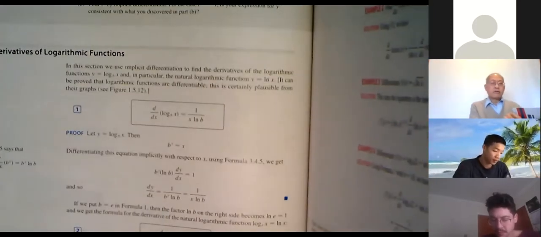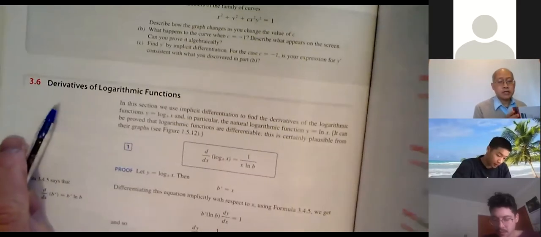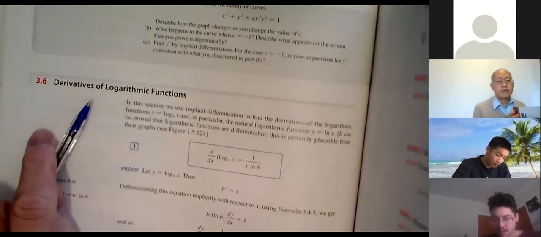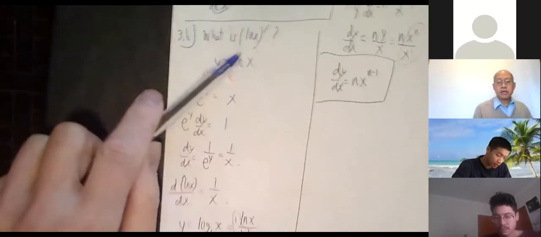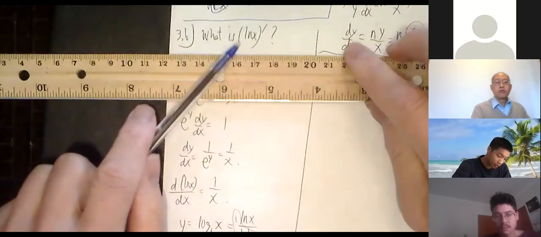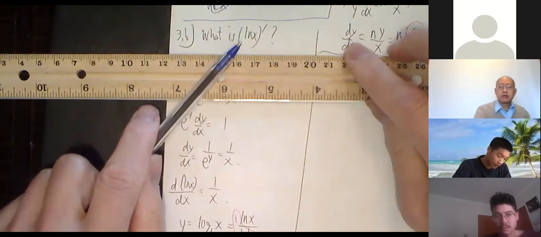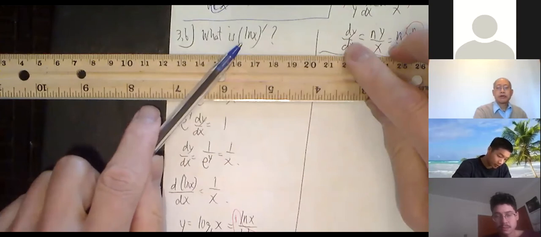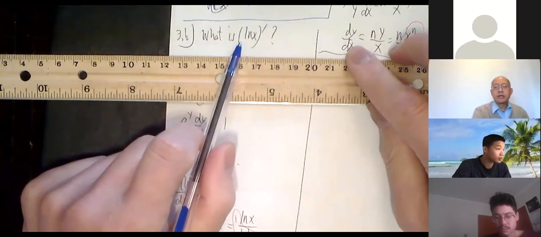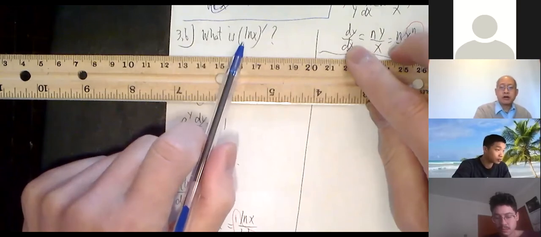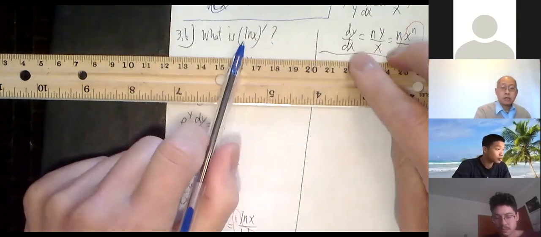Okay, so 3.6, we're now going to take the derivative of log functions. How do I take the derivative of log functions? Okay, so let me just introduce the idea here. 3.6. So what is the derivative of natural log of x? ln x prime. Okay, and to motivate that, I know that the inverse of the log function is the exponential function.